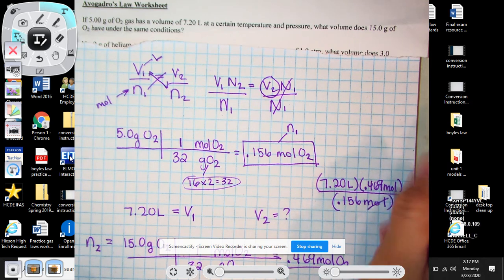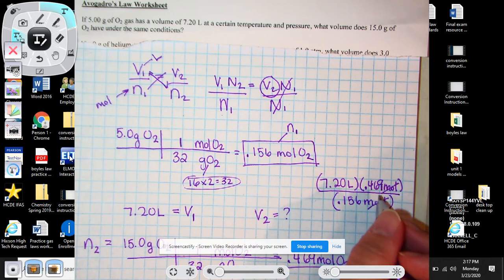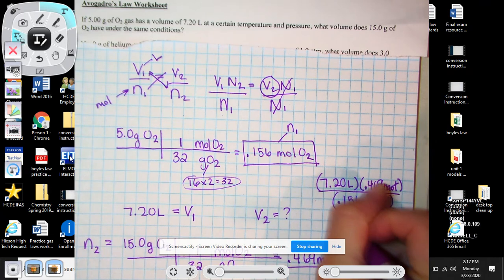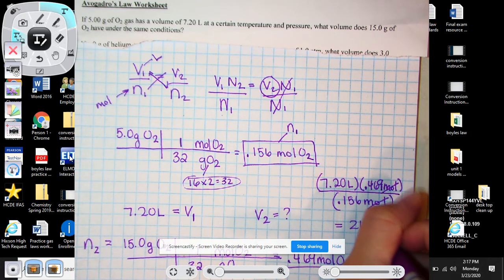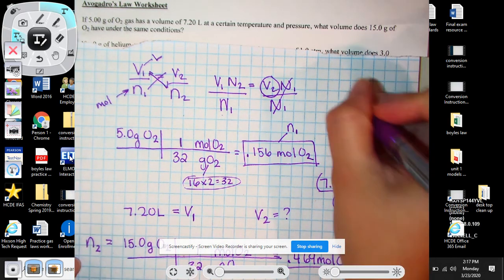Moles are going to cancel, and when I multiply 7.20 times 0.469 and divide by 0.156, I should get 21.647. Now, checking for reasonableness in this, my original volume was 7.20.